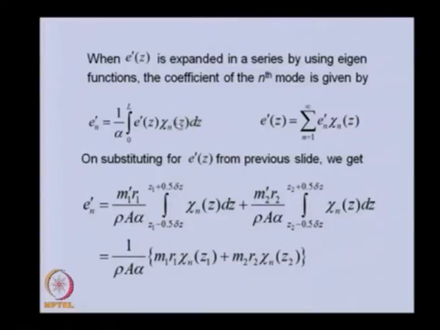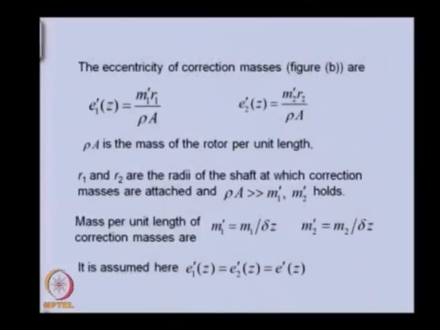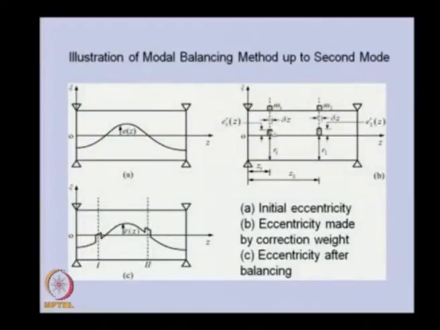Now, in this we are substituting the eccentricity, because over the length of the shaft this eccentricity is there at only two places. One is here and here, and we are assuming that these distances are z1 and z2, and around these the length of the shaft over which this eccentricity is distributed is delta z.